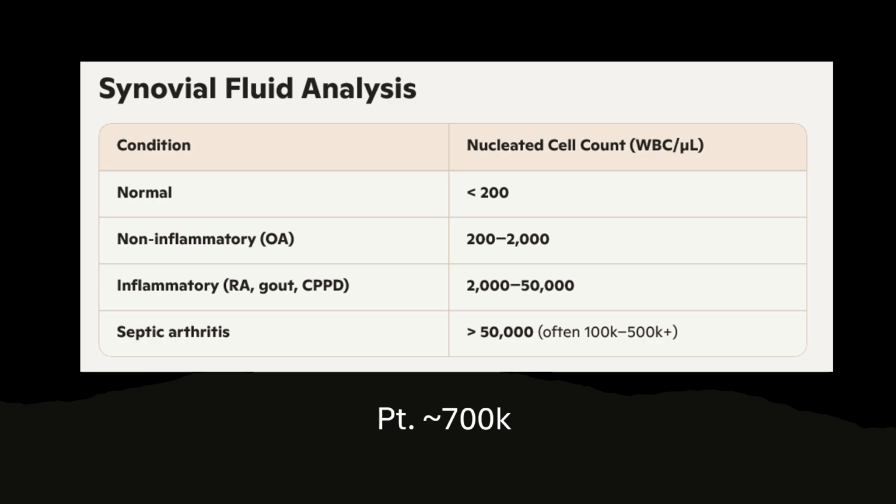Just for reference, we can see in this chart that inflammatory conditions such as rheumatoid arthritis and gout have a nucleated cell count of 2,000 to 50,000, and the septic arthritis range is over 50,000 cells, often between 100,000 and 500,000. But our patient tested at 700,000, which is extreme and strongly supports a pyogenic infection.